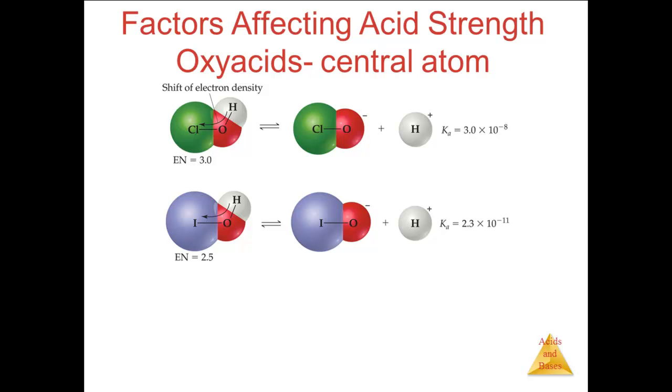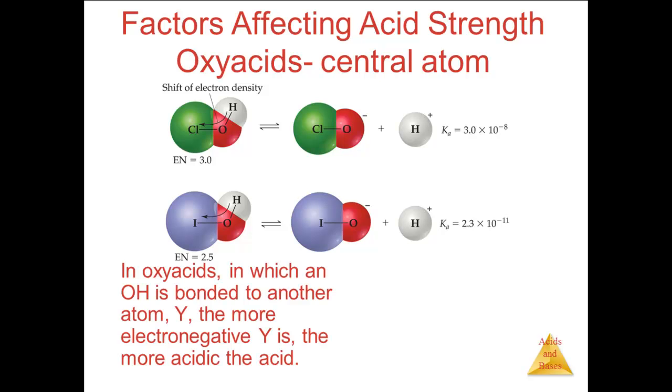Factors affecting acid strength. Oxyacids, the central atom. An oxyacid has a central atom bonded to oxygen atoms. The hydrogen atom or atoms that make it an acid are attached to an oxygen atom.